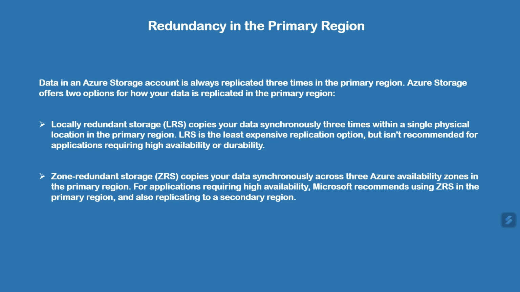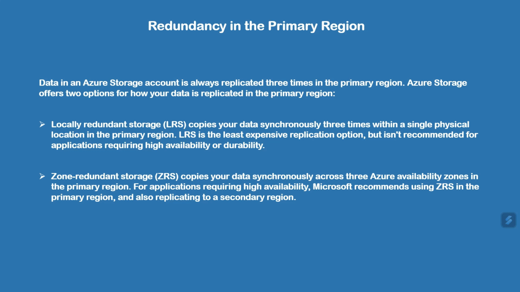Coming to zone redundant storage, it also replicates your data synchronously, but across three availability zones in the primary region. It somewhat ensures high availability in the primary region. So compared to LRS, it is more available and more secure.